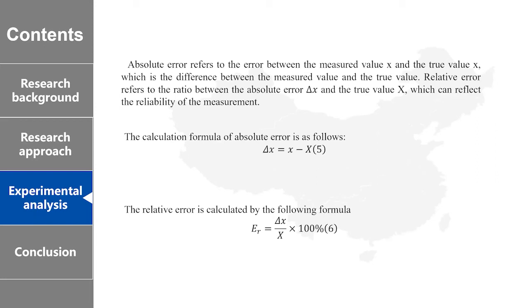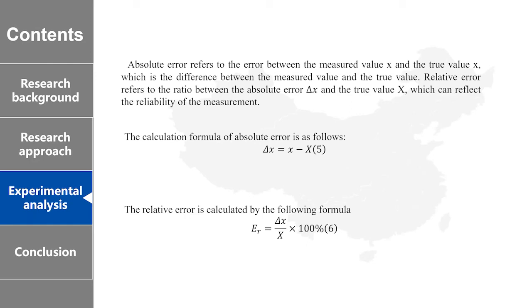Absolute error refers to the absolute value of the difference between the measured value x and the true value x, which is the difference between the measured value and the true value. Relative error refers to the ratio between the absolute error and the true value, which can affect the reliability of the measurement.